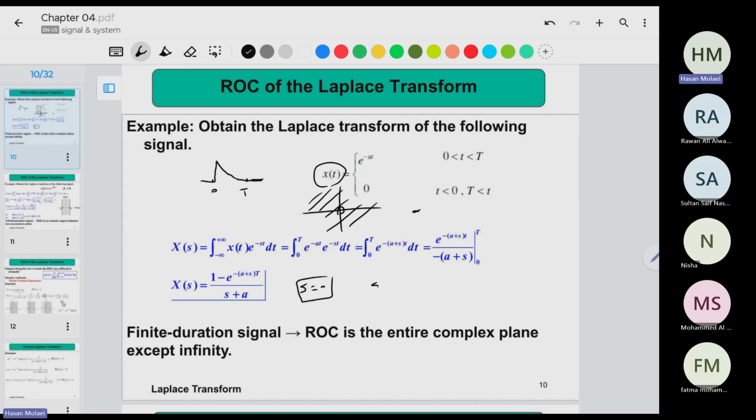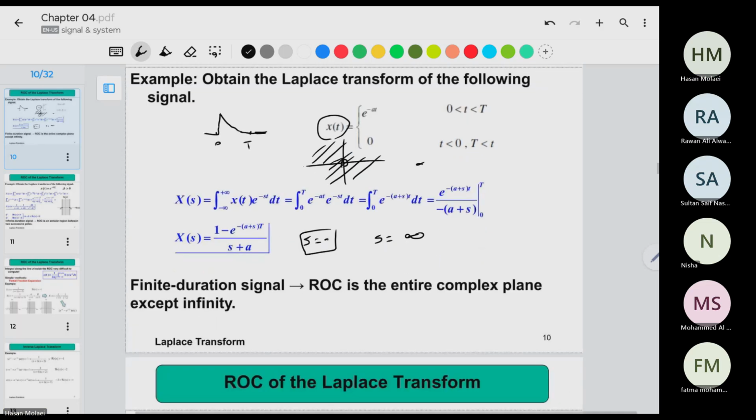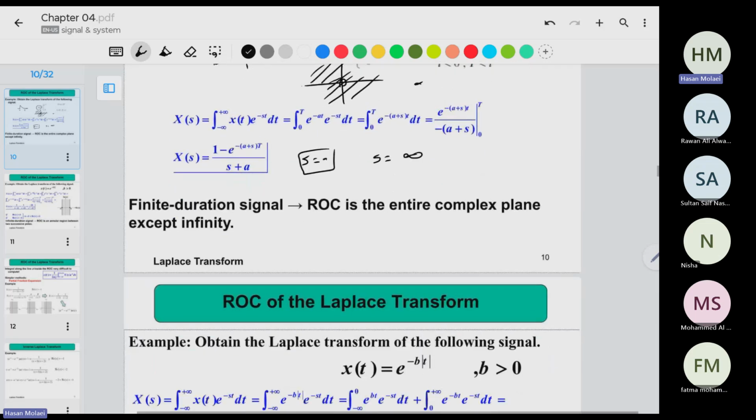If I replace s with infinity, it can be undefined, depending on its real part. So for infinity, this Laplace transform is not defined. So the ROC is the entire complex plane except infinity.